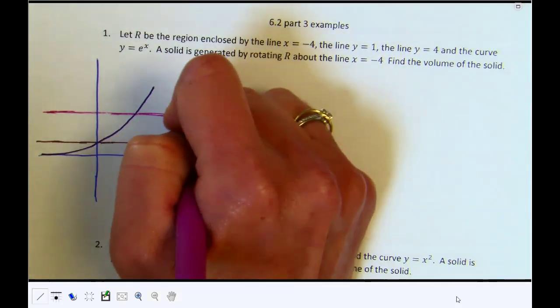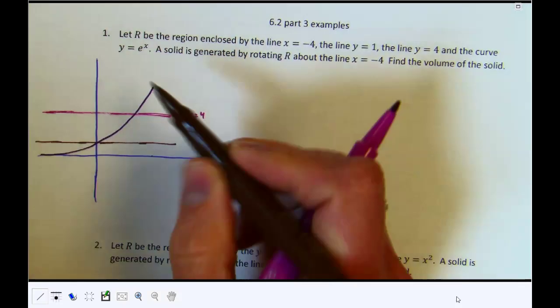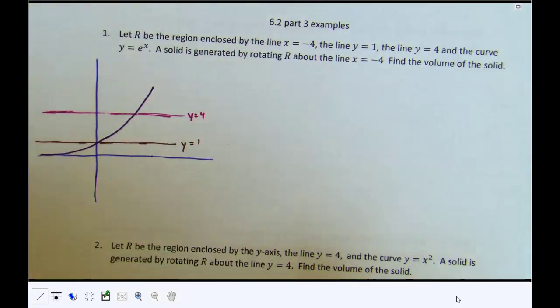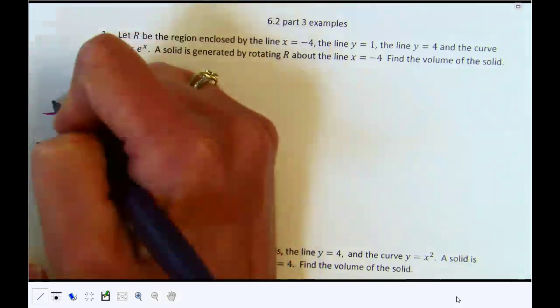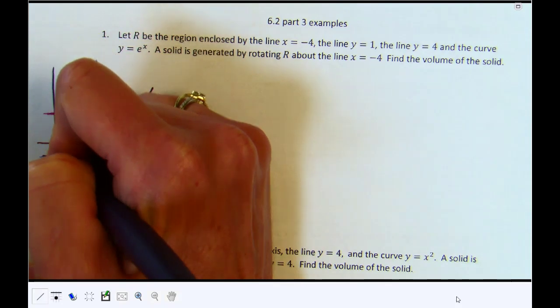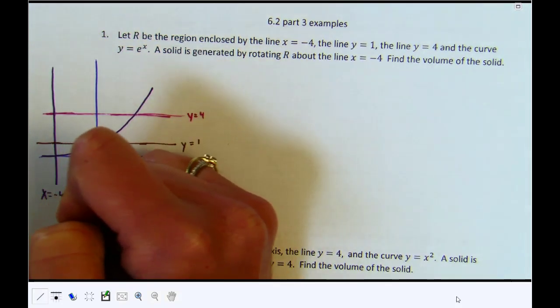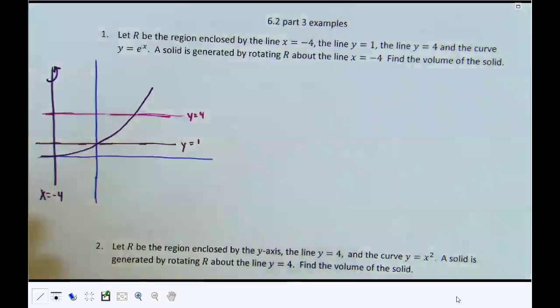This is y equals 4, y equals 1. And then we've got the line x equals -4. x equals -4 is vertical, and we are rotating it around that.